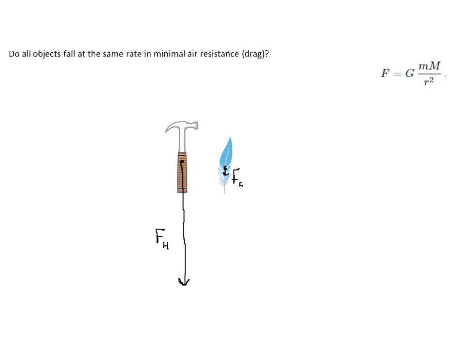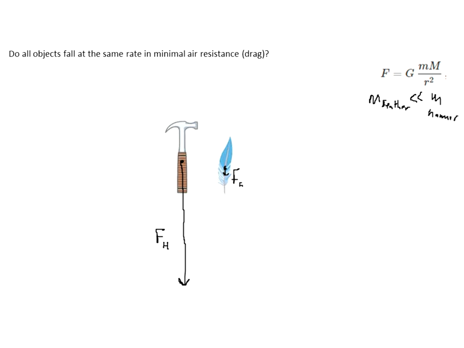So m for the feather is much less than m for the hammer. Notice I sort of made the two m's one letter. It's pretty tricky, huh? Okay, so the Earth pulls on the hammer more, so that means the hammer falls at a greater rate, right? Well, let's go to something more fundamental than this.